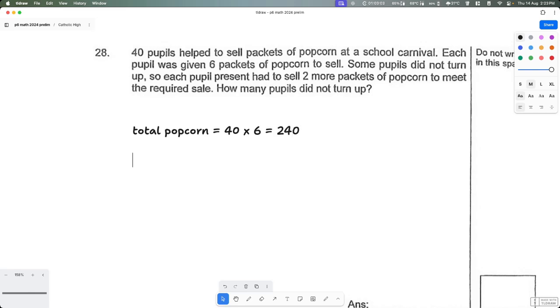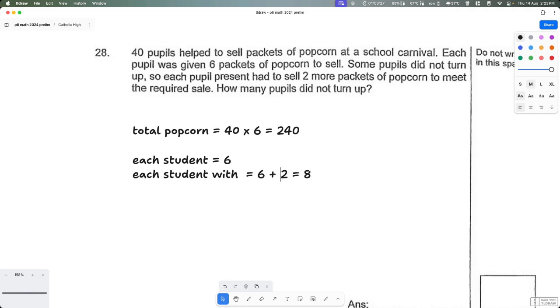Okay, so each student was given 6, right? But now since some pupils did not turn up, each student will sell 6 plus 2, which is equal to 8.